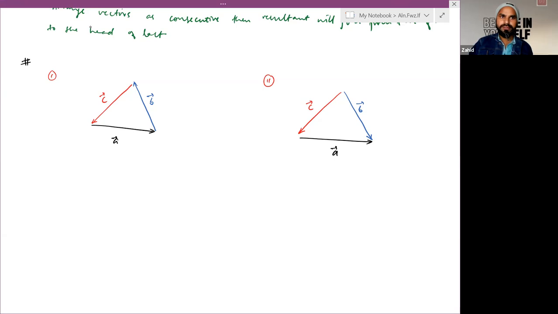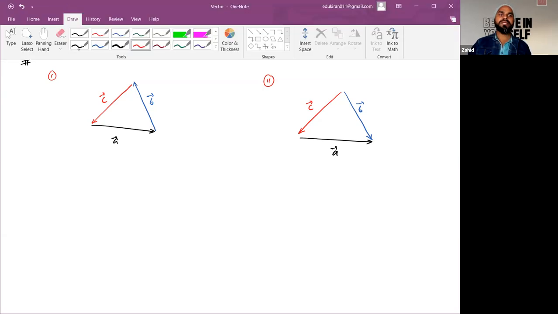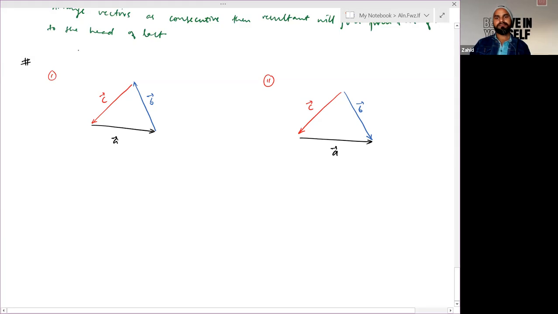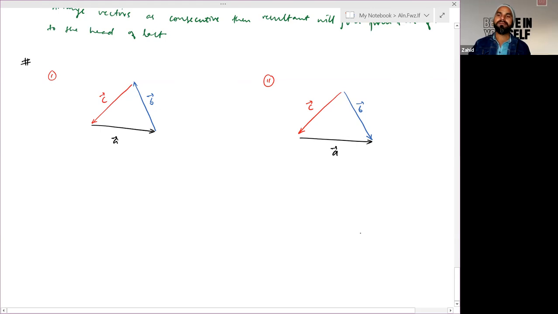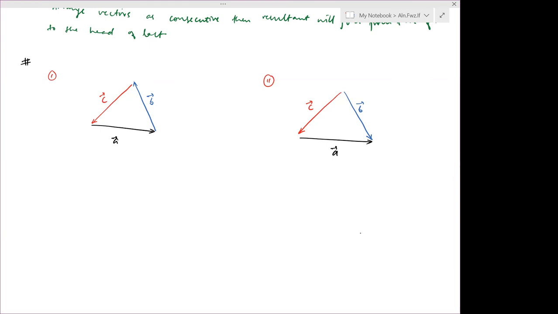In the second example, try to define which one will be the resultant. Ifra, just tell me, in the second example, which one will be the resultant, using the concept of triangle law? Sir, B will be the resultant in the second.